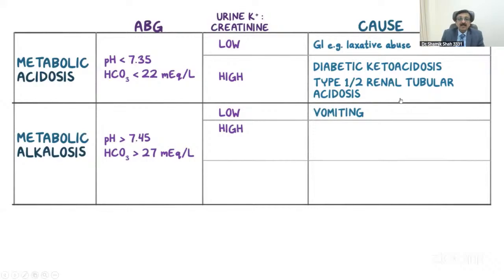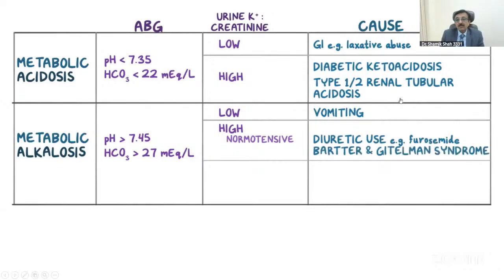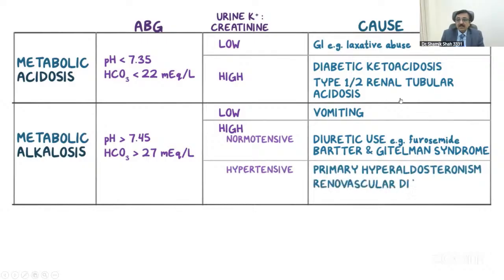If the urine potassium to creatinine ratio is high, but the patient is normotensive, then the patient probably has used or is abusing diuretics, or the patient may be suffering from Bartter or Gitelman syndrome. If the patient is hypertensive in metabolic alkalosis, then the patient is probably suffering from primary hyperaldosteronism or a renovascular disease like renal artery stenosis.